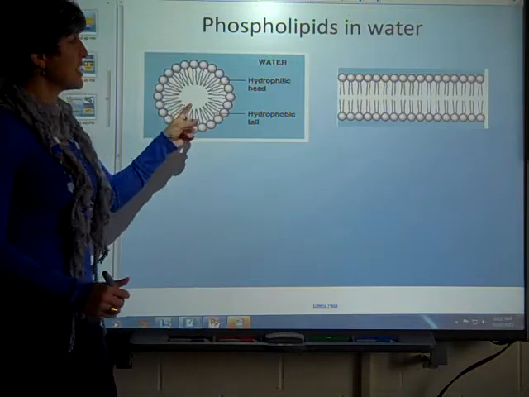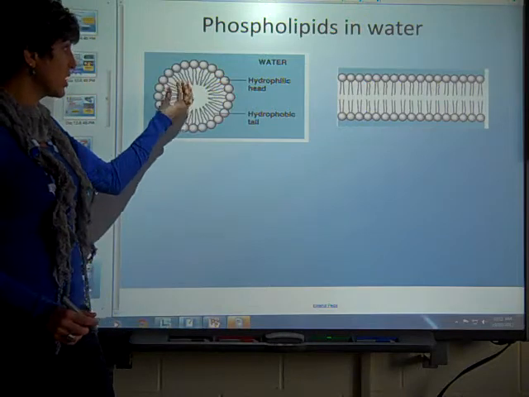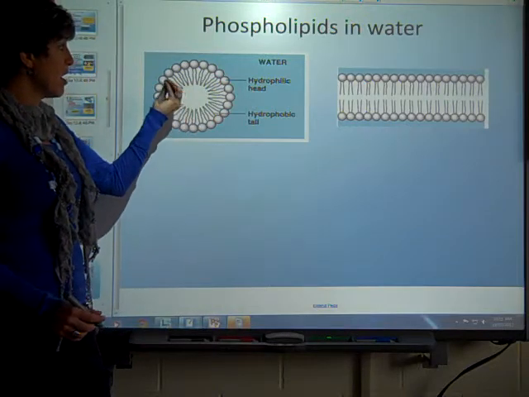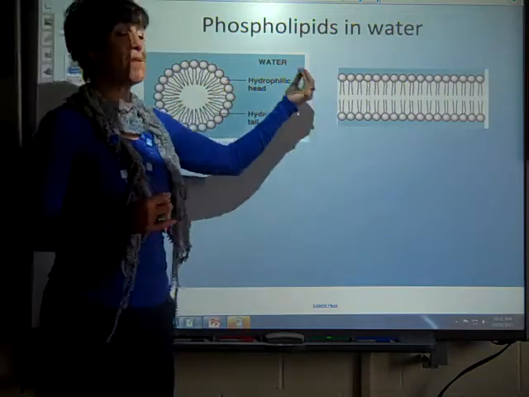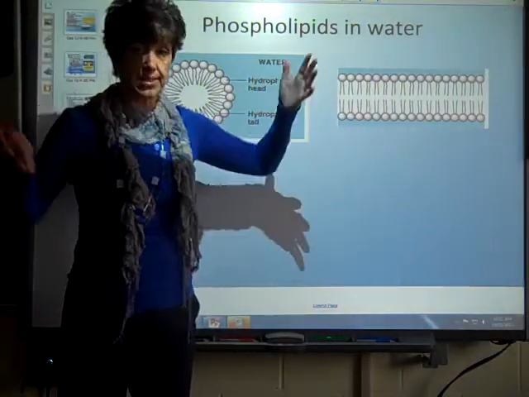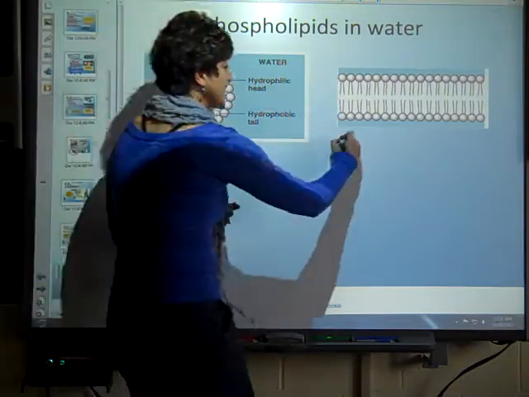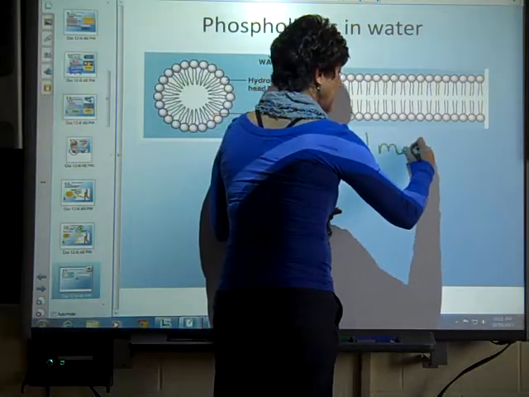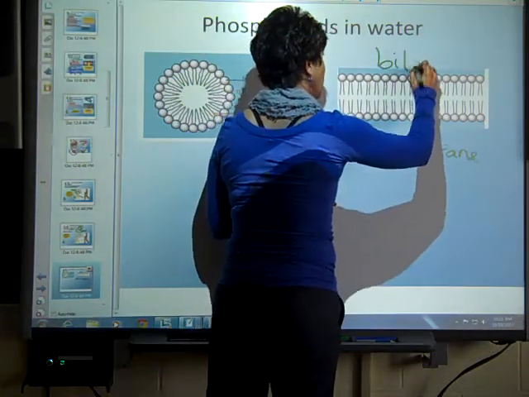Now, over time, it is noticed that membranes have formed. You could literally put a droplet of phospholipids in water and this would happen, but membranes have formed over the course of time, billions of years. So the way that a phospholipid is arranged in a cell membrane is that it is a lipid bilayer. Bilayer.